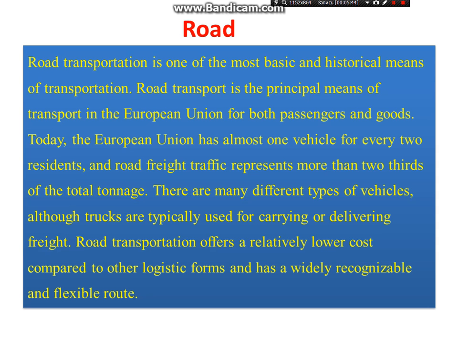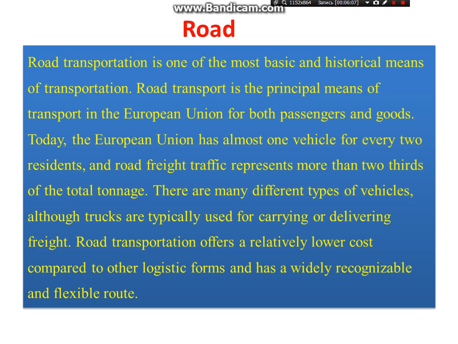The first one is road transportation. Road transportation, one of the most basic and historical means of transportation. Road transportation offers a relatively lower cost compared to other logistics forms and has a widely recognizable and flexible route.